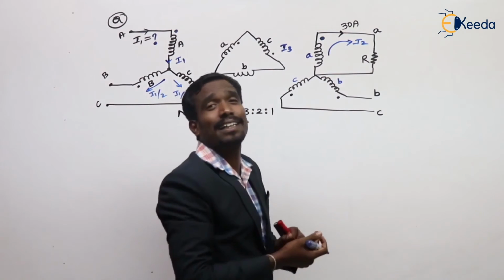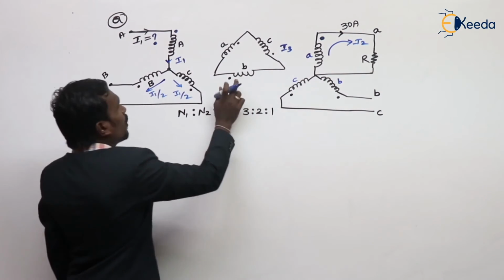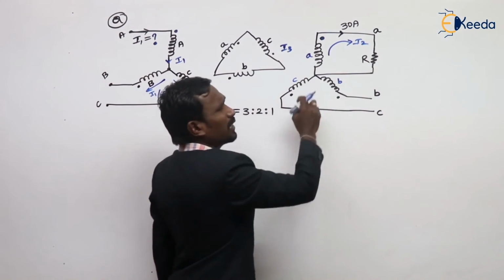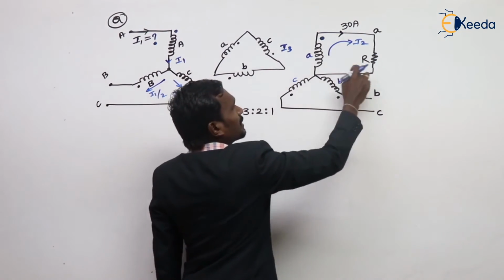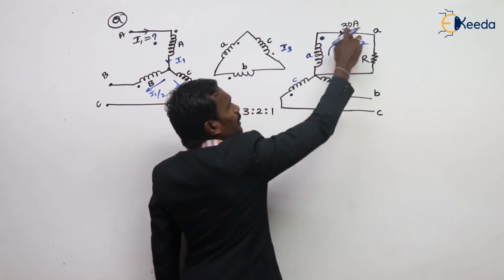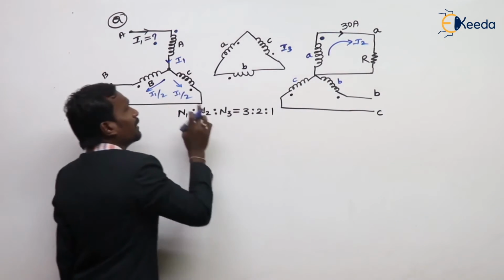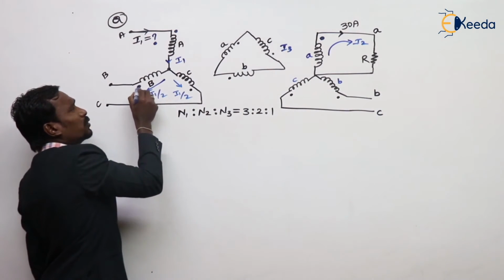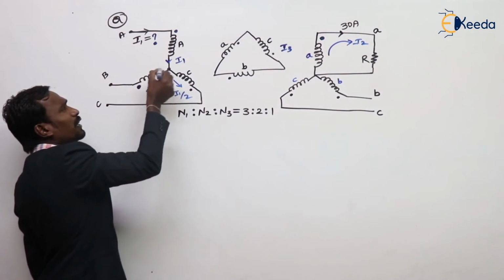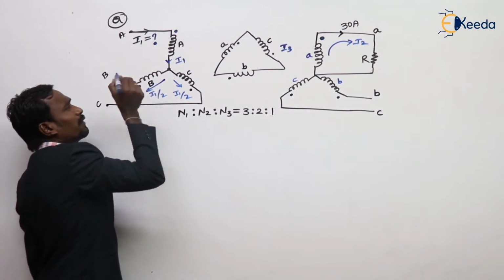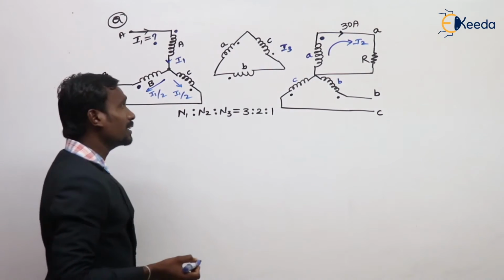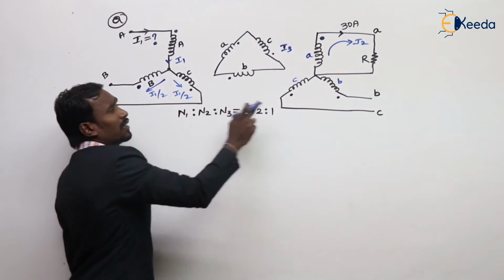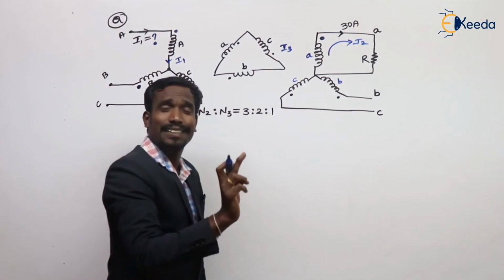Now there is no current circulating in B phase and C phase, because the current is circulating here only. In the B phase, at this dot notation, the current is leaving from the winding, and for balancing this B phase there is no current in the secondary.